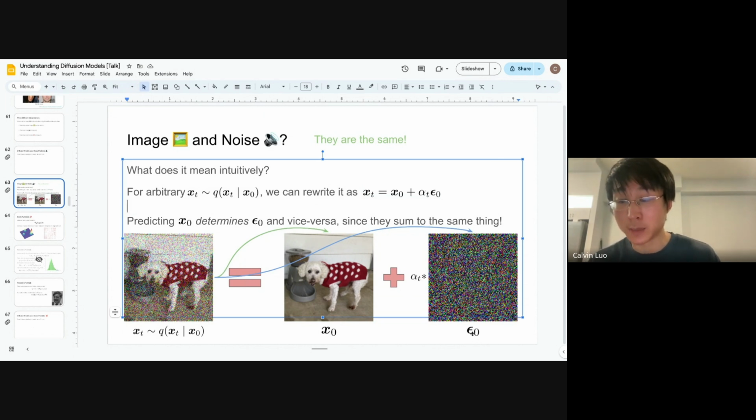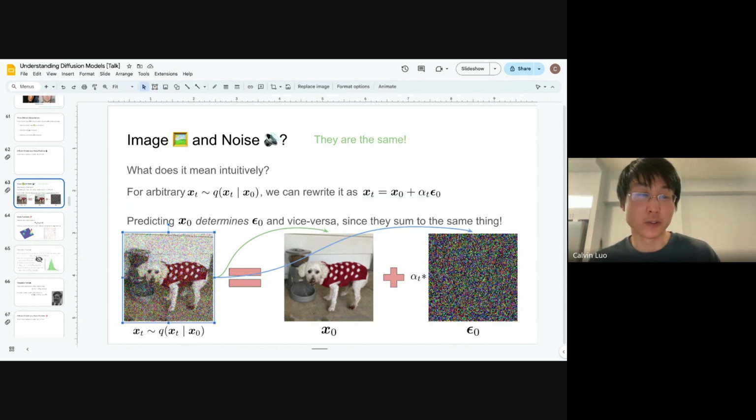We call this special epsilon 0 the source noise, because it's fixed with respect to xt. Before generating xt, the source noise is a sampleable thing, but once you sample it, you fix that, you add x0 to it, you generate xt. Now from xt, you're trying to predict x0, and that's the same as making a prediction of epsilon 0.